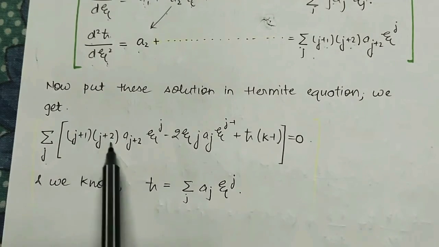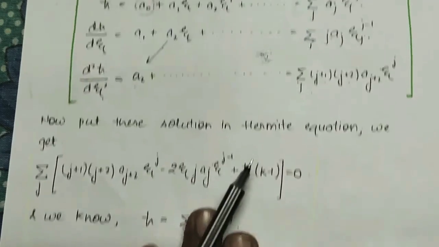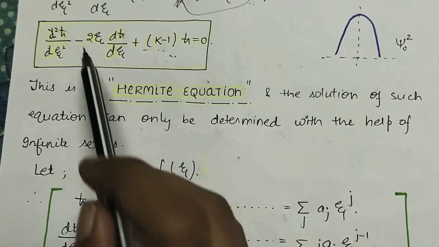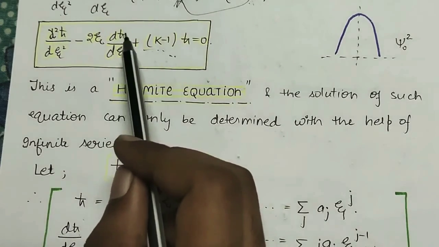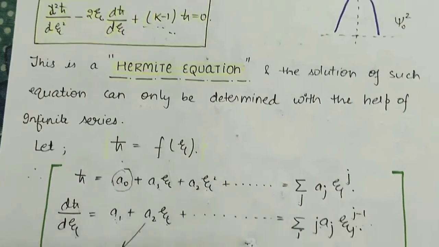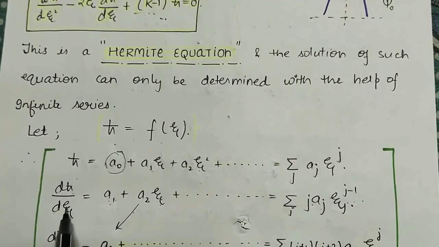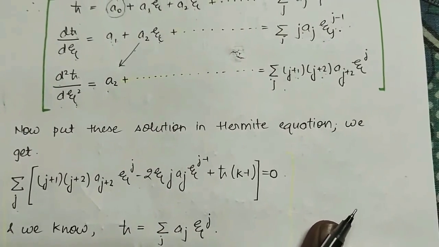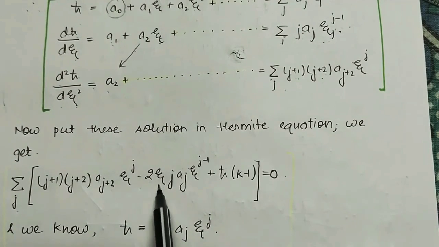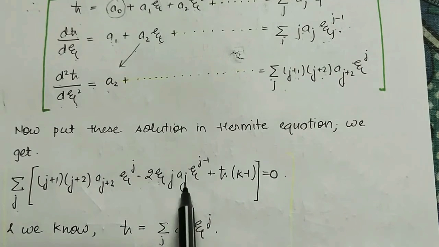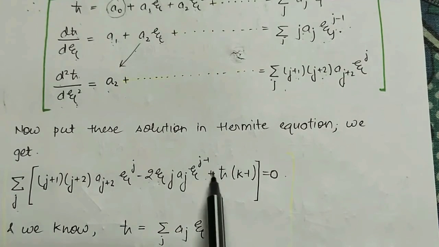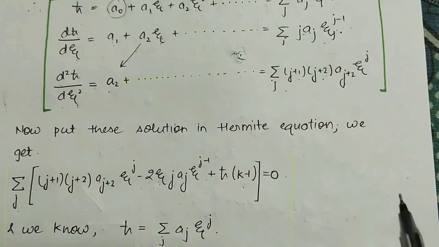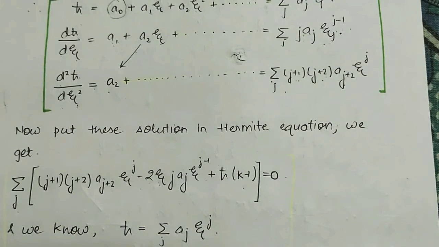Now minus 2 xi dh cross over del xi, this value is j a j xi j minus 1, so 2 xi, minus 2 xi as it is, j a j xi j minus 1, plus h cross k minus 1 equals 0 from the above equation.